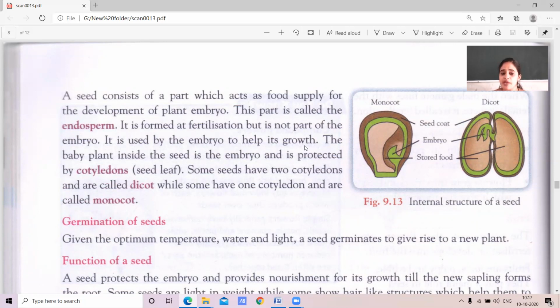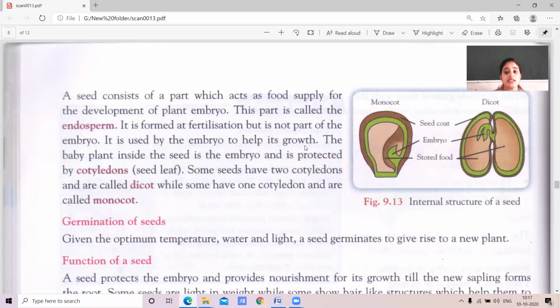If you see the plants we have discussed earlier, the plant has two types of cotyledons. One is monocot and dicot. Some seeds have two cotyledons. We call it as dicot. Example, groundnut.